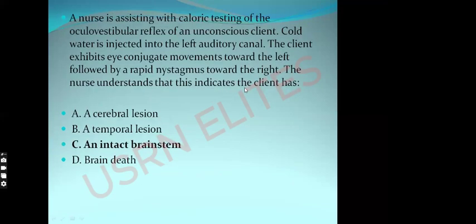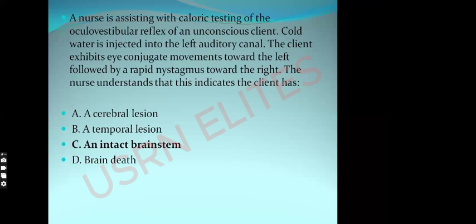All right. This one too, I chose the answer. So we read and we just go over. A nurse is assisting with caloric testing of the oculovestibular reflex. So oculovestibular, what comes into your mind? Your eye and your what? Vestibule.